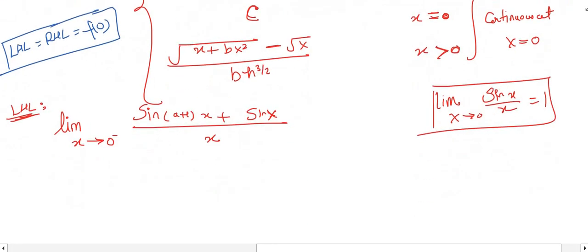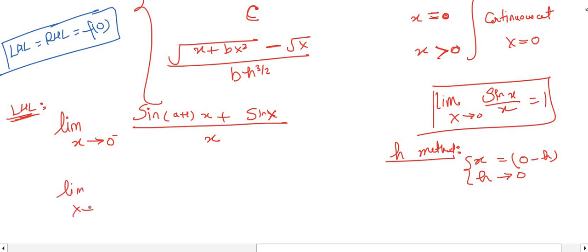Okay. So to solve it, first let me apply the h method. So how to solve it? By using the h method, we will replace x by 0 minus h and the limit will go to 0. That's how we will do. So it is limit x tending to 0 minus, sine of (a plus 1)(0 minus h) plus sine of (0 minus h) by (0 minus h).